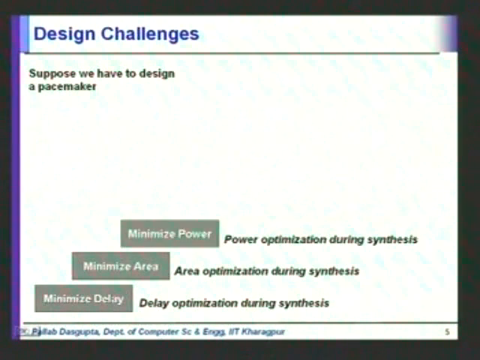The next important criteria, and probably the most important criteria in today's generation, is to minimize power. Why power? In the context of a pacemaker, it's very important because it is battery driven and batteries have limited life and it's an implant. We don't want the patient to go through that operation once every year, right?